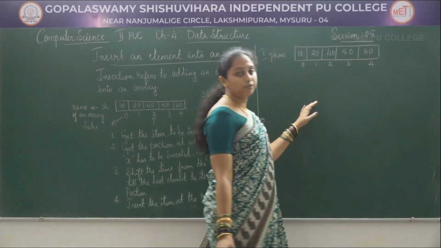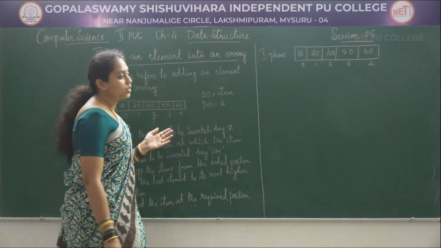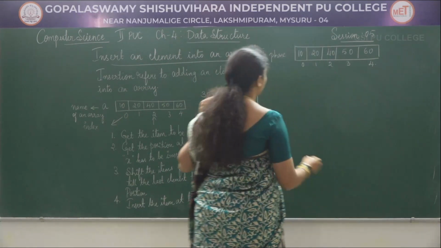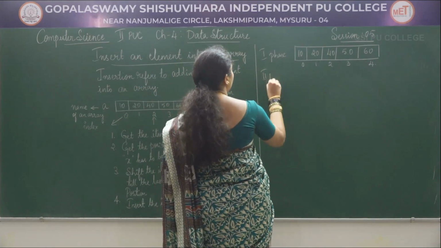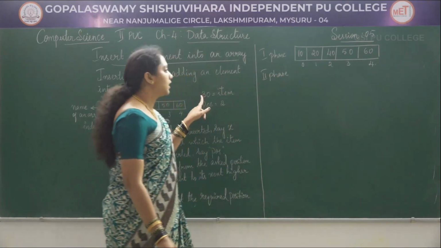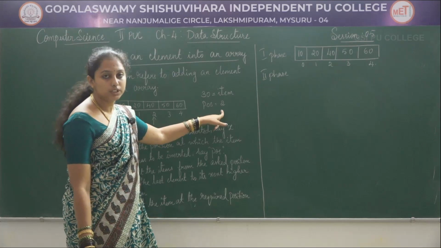So this is before insertion. Before insertion the array will be like this. I want to add an item called 30 at position 2.